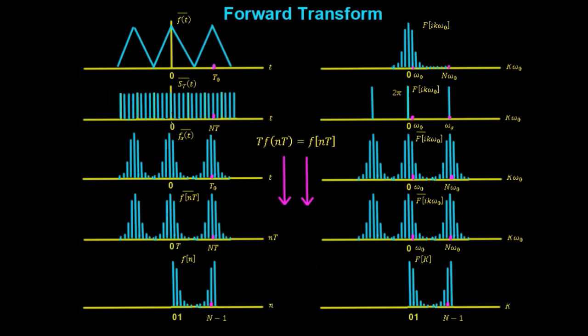So the period of the impulse train here is a lot shorter, that's T, than the period of the function f of t, which is given by T naught. Now the value N is the number of samples in that period.